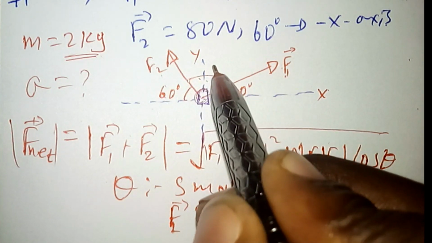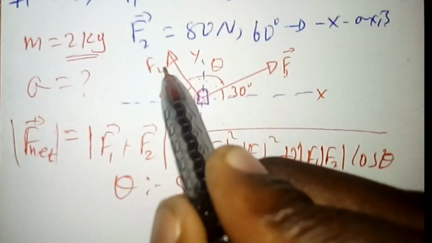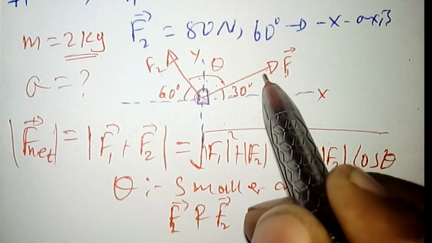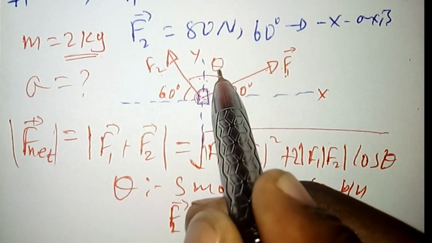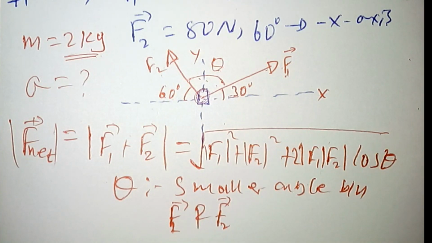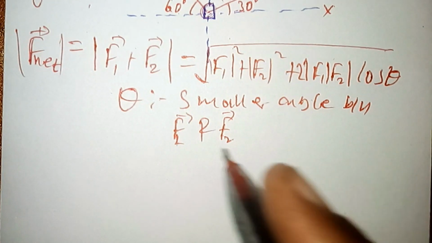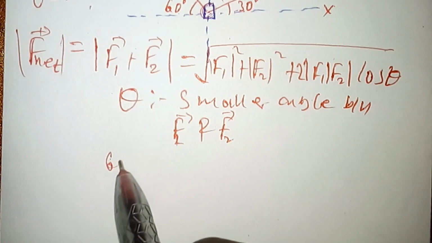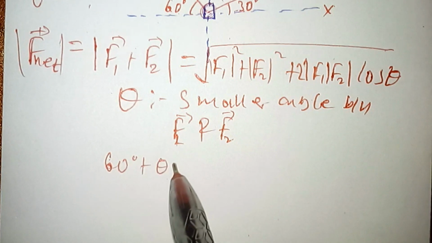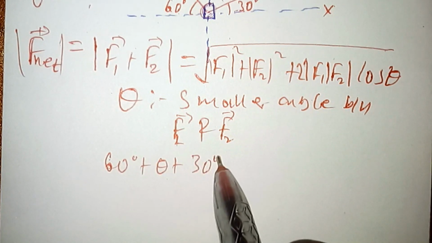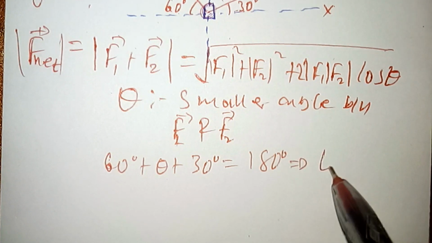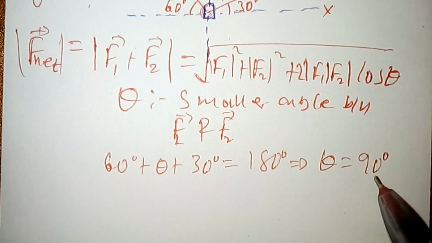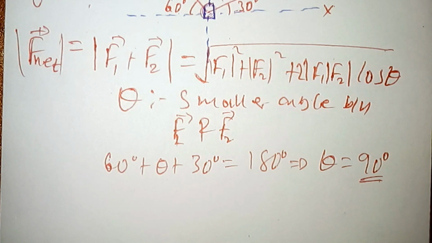So this is the theta, the angle between force 1 and force 2. We can see that 60 plus 30 plus theta is 180, so theta is 90 degrees. That means force 1 and force 2 are orthogonal to each other.